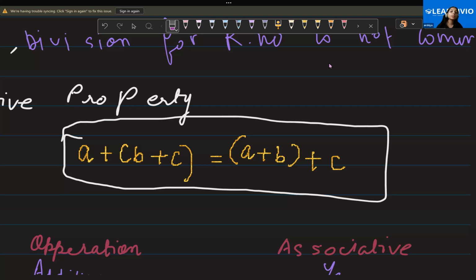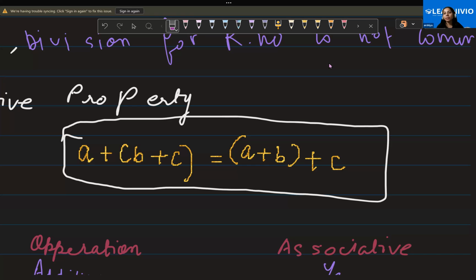All right. Now, what is the multiplicative identity? Do you remember? Is it the reciprocal? No, no. I get confused between identity and inverse. The multiplicative inverse is the reciprocal.